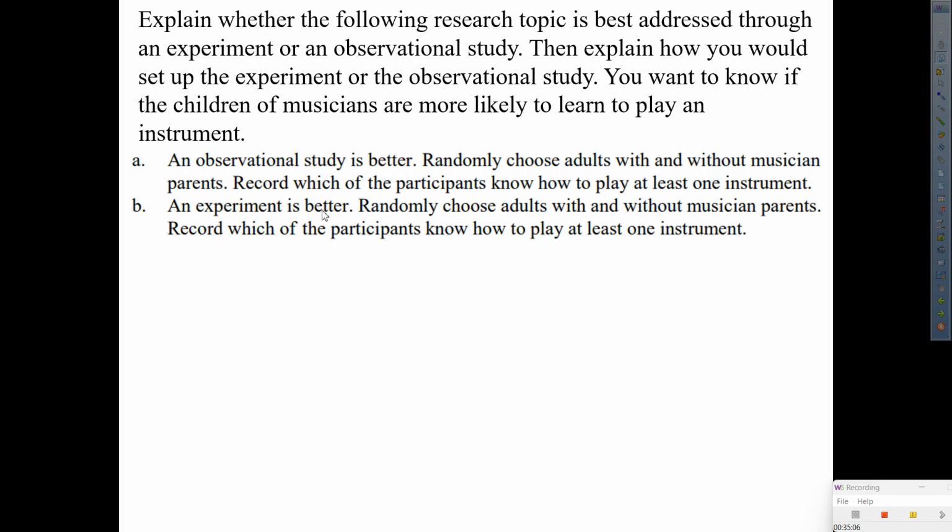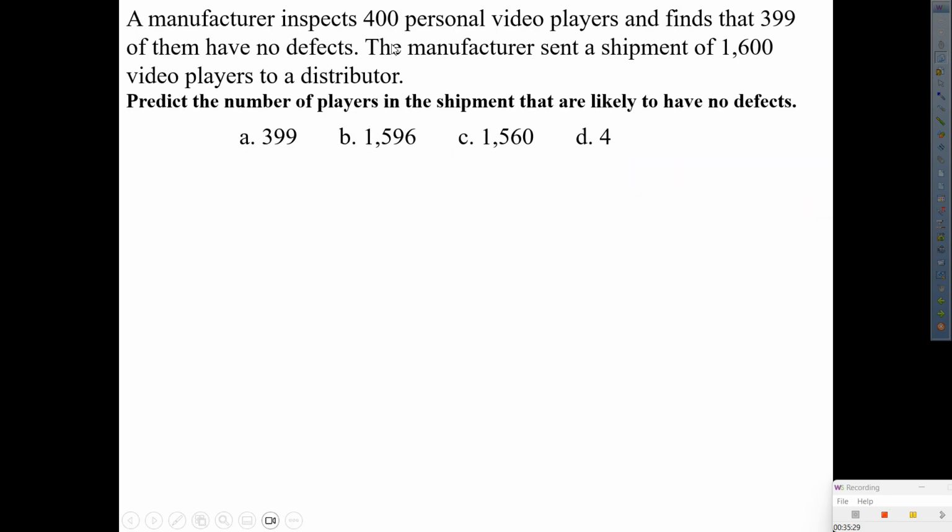Observational, that is correct. You can't go and try to teach these kids to play. You're just observing. All right, and the last one is basically making a proportion. You guys know how to do that. So on the last one, you just do 399 over 400 equals x over 1600 and cross multiply and solve.